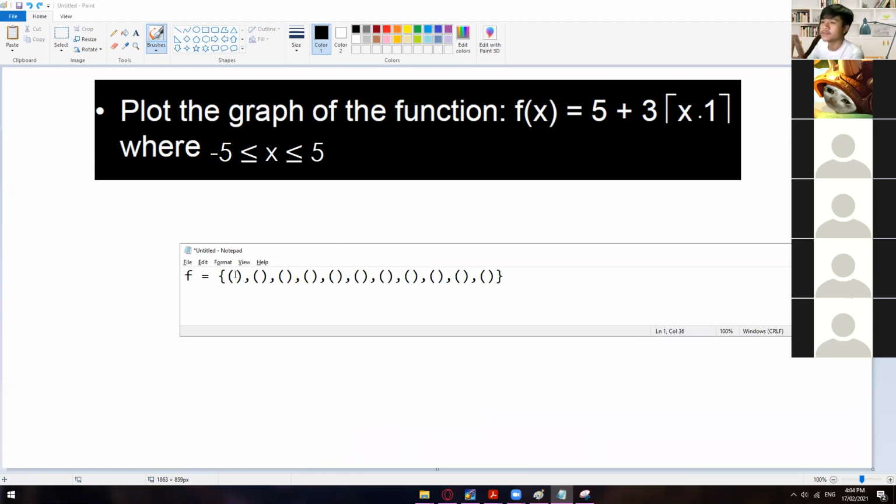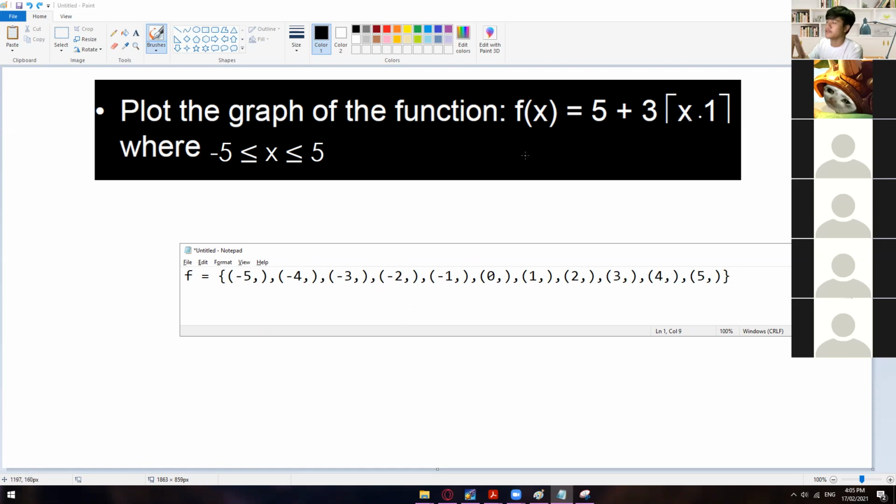Our x values range from negative 5, negative 4, negative 3, negative 2, negative 1, 0, 1, 2, 3, 4, and then 5. So we're now looking for our y's if we have those individual values of x.